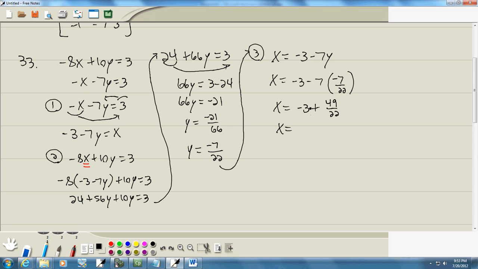Now this is a mixed number, so I can take negative 3 times 22 and add to 49. That gives us negative 66 plus 49, negative 17. Then the denominator stays the same. Let's see, negative 66 plus 49, yeah, negative 17. So our answer will be x equals negative 17 over 22, and y equals negative 7 over 22.